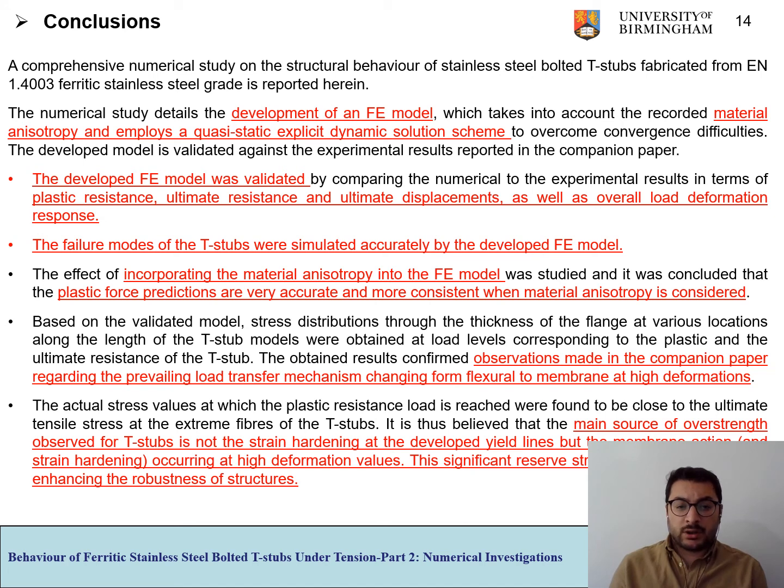The actual stress values at which the plastic resistance load is reached were found to be close to the ultimate tensile stress at the extreme fibers of the T-stub. It is thus believed that the main source of overstrength observed for the T-stub is not the strain hardening at the developed yield lines, but the membrane actions and also the contribution of strain hardening occurring at high deformation values. This significant reserve capacity can be used to enhance the robustness of the structures.